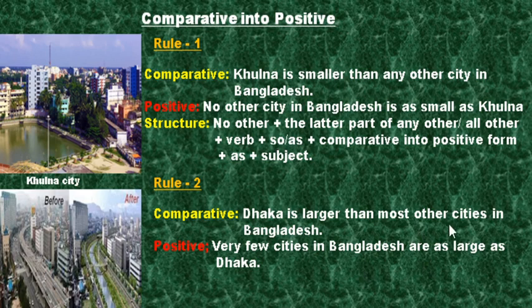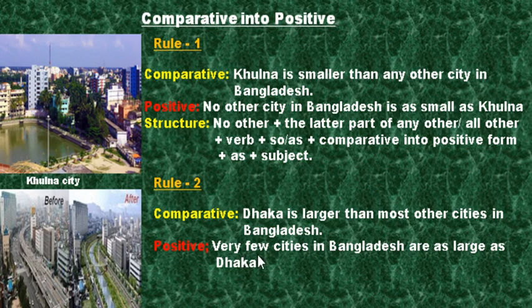Dhaka is larger than most other cities in Bangladesh. You have to be very careful. There is the phrase then most other. When you see most other, in the case of positive degree you have to use very few, and in the case of superlative degree you have to use one of the. So be very thoughtful in these cases. It is a key point for you, which word to use.